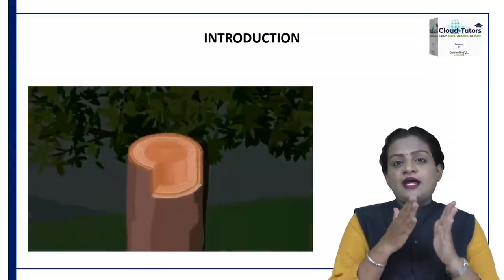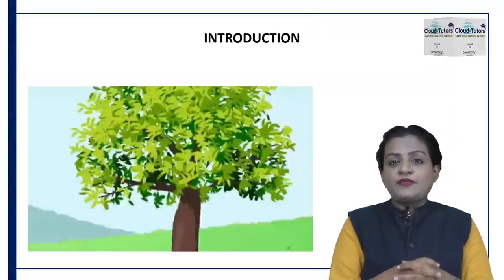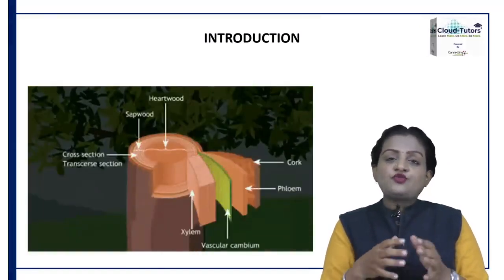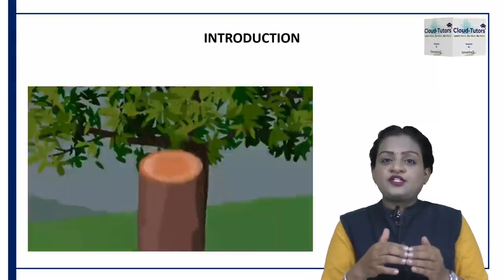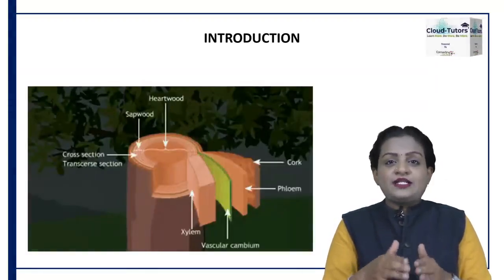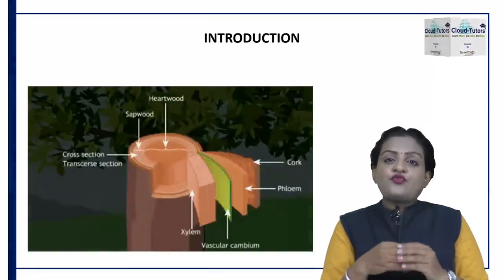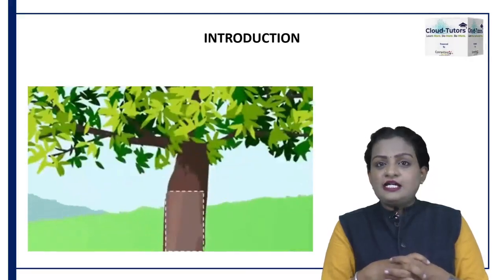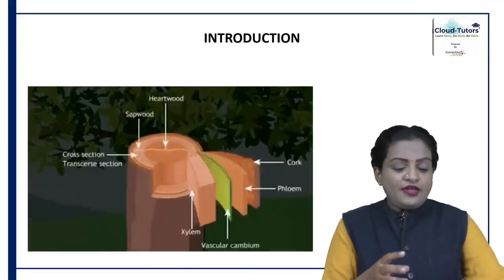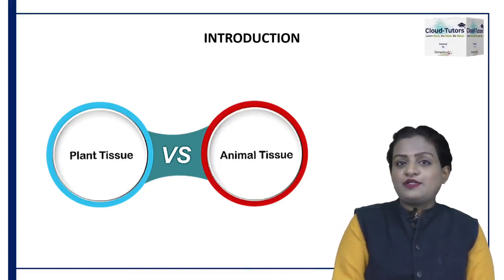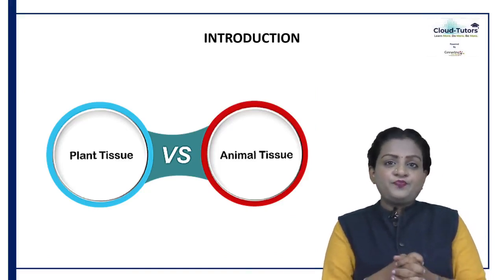Just like animals have an anatomical structure, that is internal body organization, plants also have a structural feature, the anatomical arrangement: how cells form tissues, and how tissues are arranged to form a particular organ in a plant. So when we talk about tissues, is there a fundamental difference between plant and animal tissue?